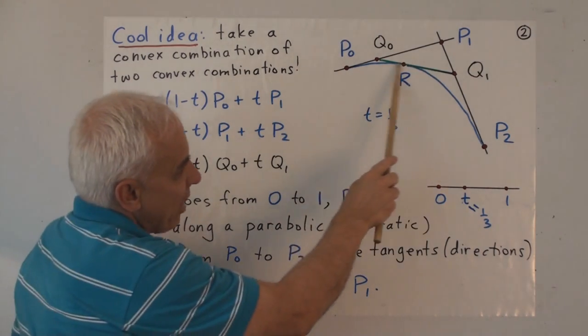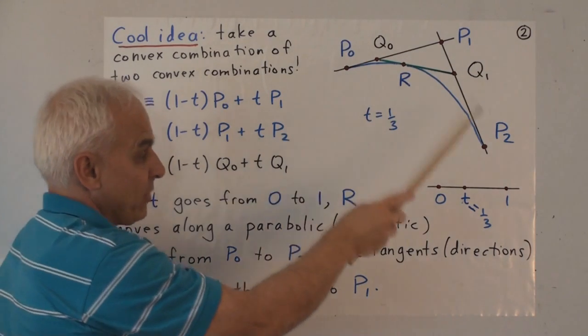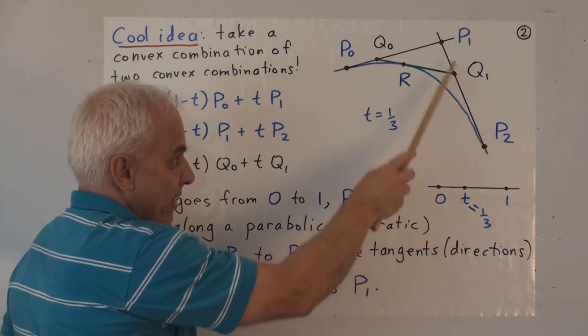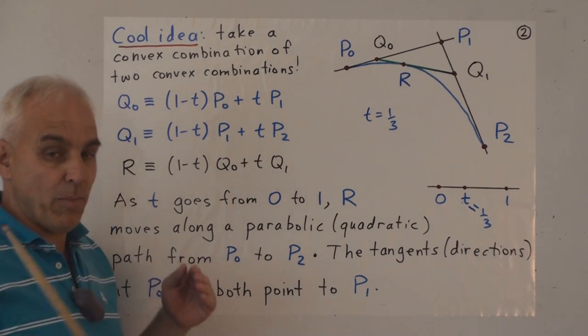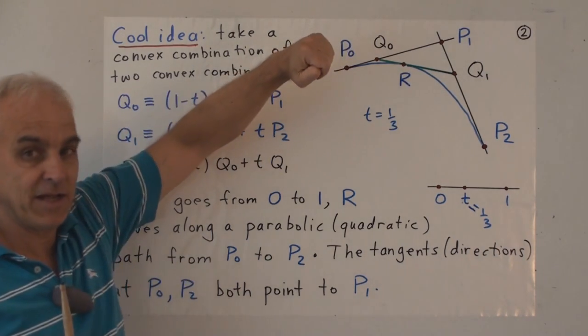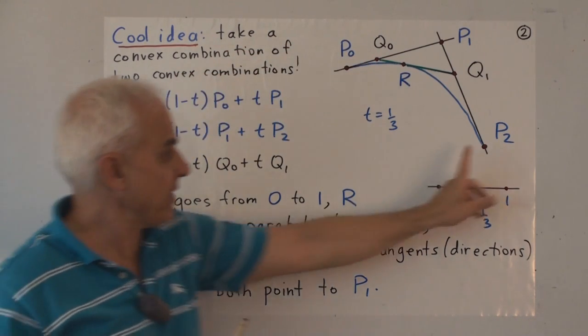Notice that the curve itself does not go through P1. It goes through P0 and it goes through P2. But P1 is not actually a point that it goes through. But nevertheless, P1 determines the directions that this curve has at P0 and at P2.